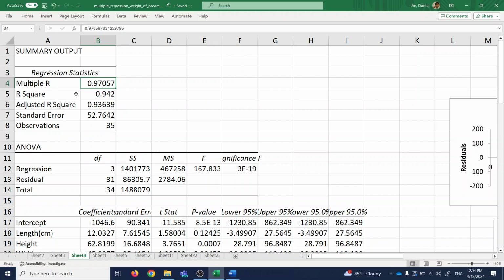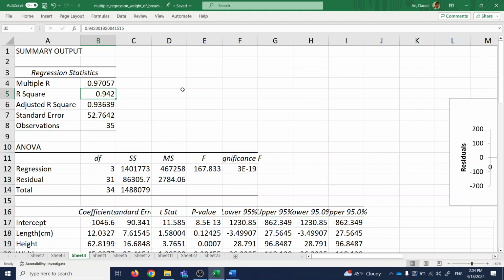Now there's the R squared, which is 0.942. What does that mean? R squared tells you how much, not the percentage of data that is explained.